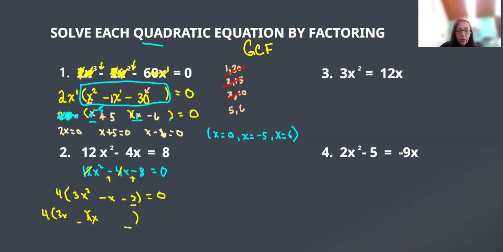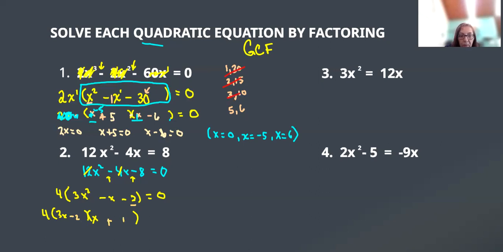If I put a positive 1 here, 1 and negative 2. I'm going to erase those little marks I put under if I can. There we go. So let's see if this works. So when I multiply the front, 3x times x, I get 3x squared.